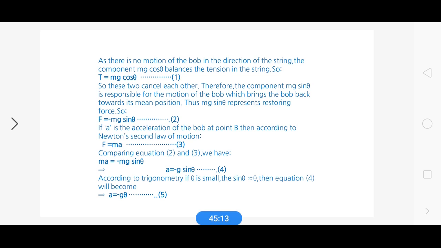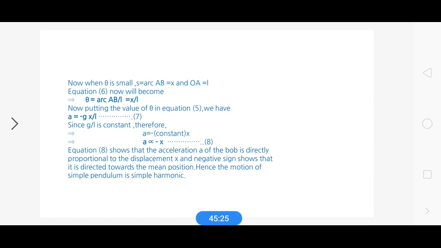So a is equal to minus g theta is the equation. Using tan theta equal to x by L, theta is equal to x by L. So acceleration is equal to minus g x by L, the acceleration of the particle, the bob.